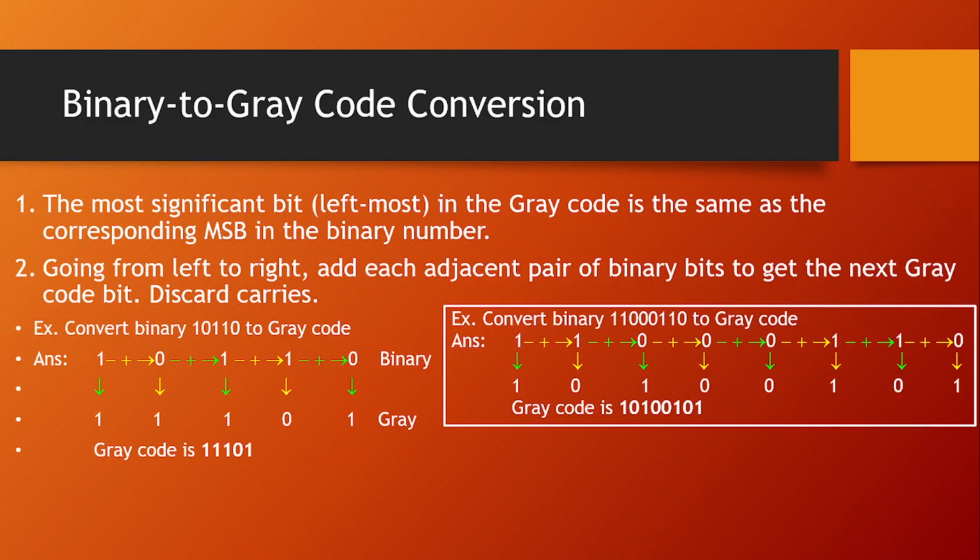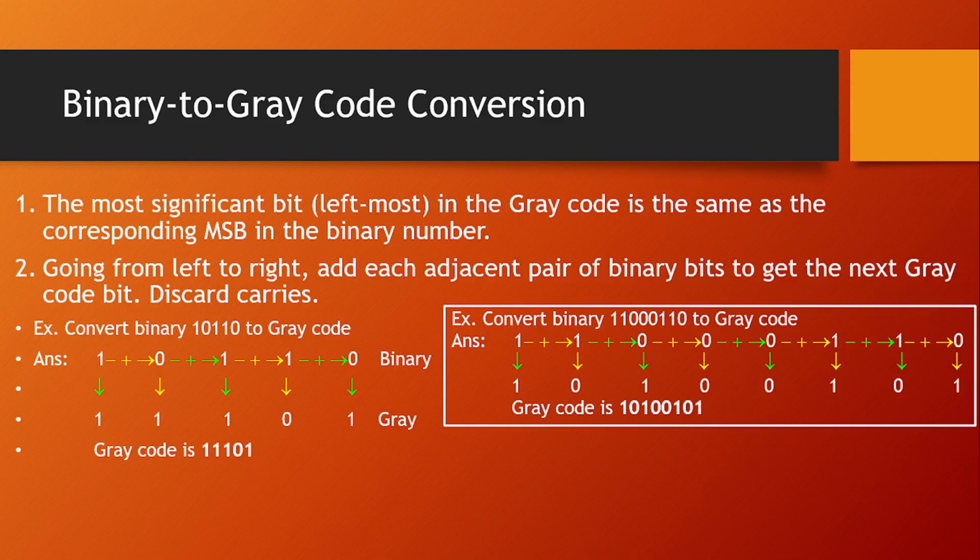So 1 in binary is 1 in gray. Now add the leftmost binary bit to its next bit. The next is 0, so 1 plus 0, sum is 1. So write down this 1 as the second gray bit from left.